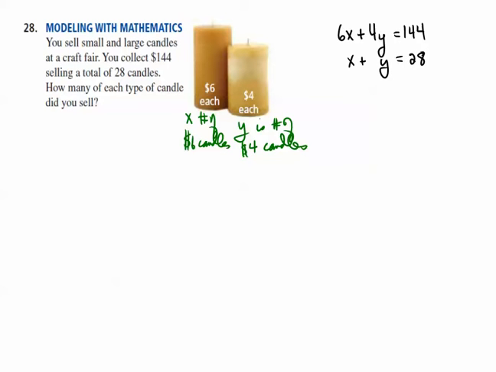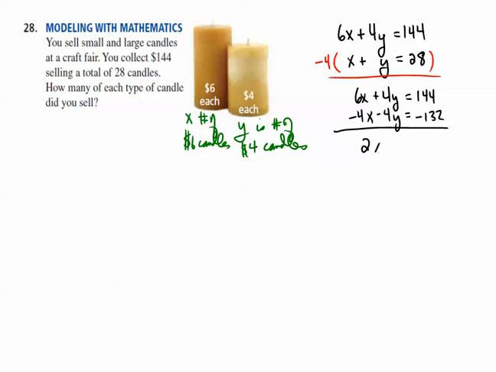Now this time I'm going to solve this one using the process of elimination instead of the other. And I can see that all I really need to do is multiply the bottom equation by -6 to get rid of the x's or -4 to get rid of the y's. I'm going to choose the smaller numbers and I'm going to rewrite the equations now. 6x plus 4y is equal to 144. -4x minus 4y is equal to negative 4 times 28, which is negative 132.